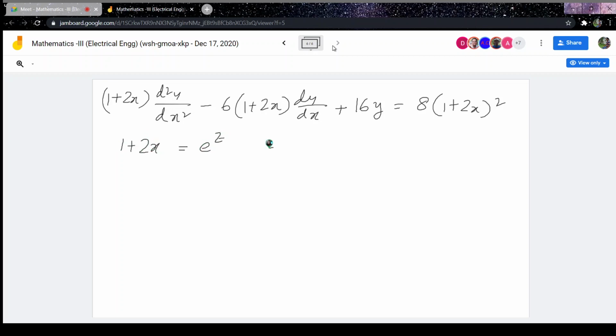So your z will be, and the first will be 1 plus 2x whole square. You can easily see these are in this form, otherwise it is not easy to substitute. Suppose you have something multiplied with some other form and it is not in the form of 1 plus 2x, then you won't be able to formulate this equation in the given form.